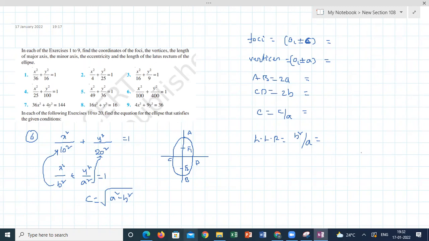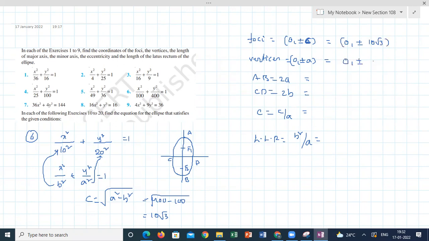b is equal to 10. a is equal to 20, b is equal to 10. So this is 400 minus 100. This is 10 root 3. From here, 0 comma plus or minus 10 root 3.